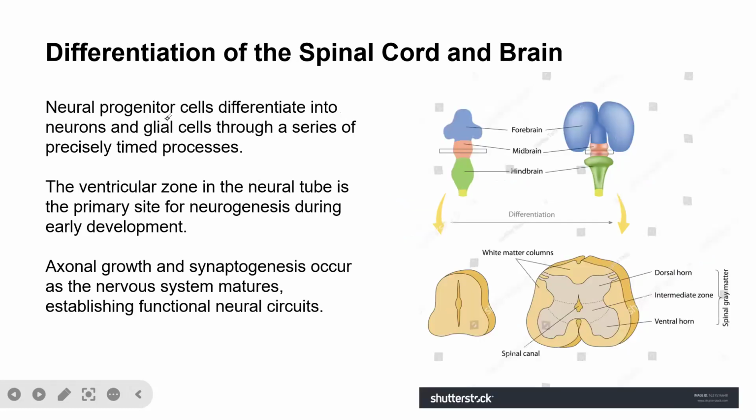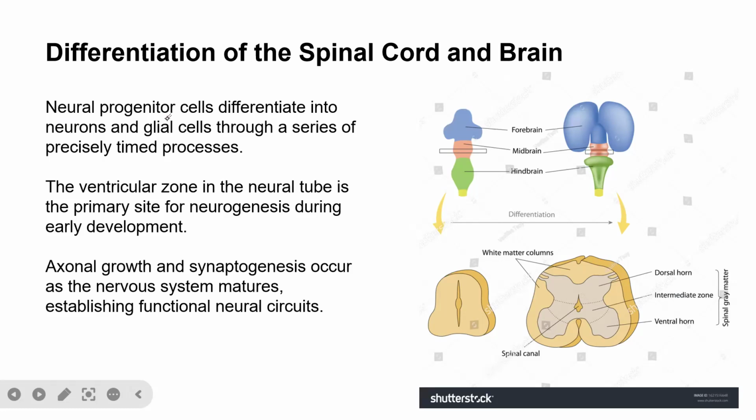And then the next thing is the differentiation of the spinal cord and the brain. We have neural progenitor cells, which differentiate into neurons and glial cells through a series of precisely timed processes. And then, in the neural tube, we have the ventricular zone. This ventricular zone is the primary site for neurogenesis during early development.